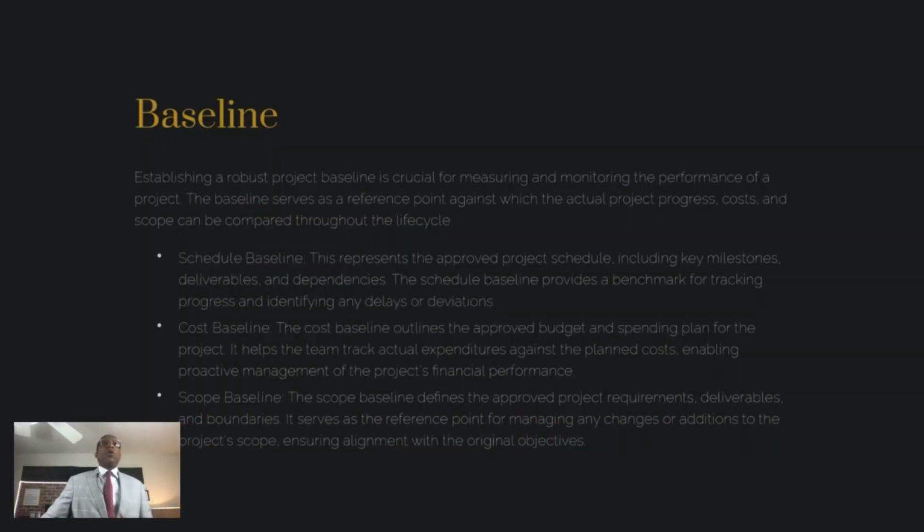All right, let's move on to the next point, baselining. There are 3 baselines that I want you guys to be cognizant of. You have your schedule baseline, you have your cost baseline, and you have your scope baseline. So schedule baseline. What is a baseline? Let's say you get a project, you connect with the team, you have planned everything, and you're like, okay, we have our schedule locked in.